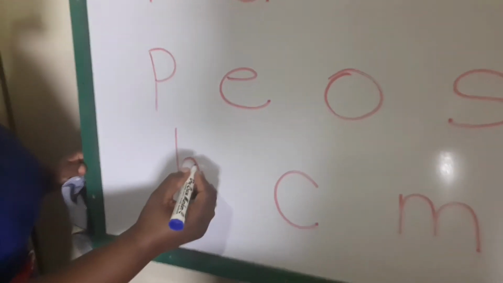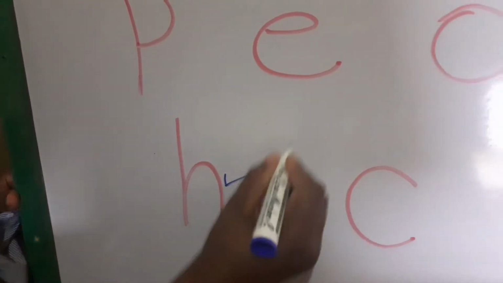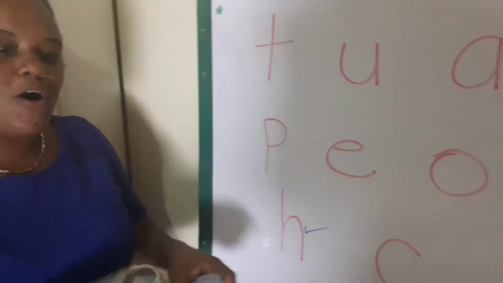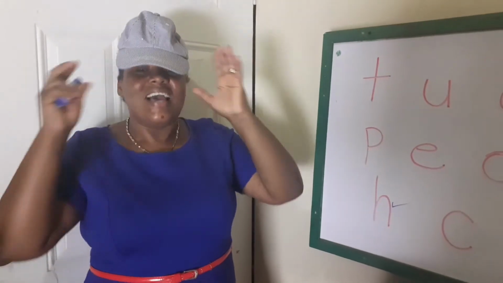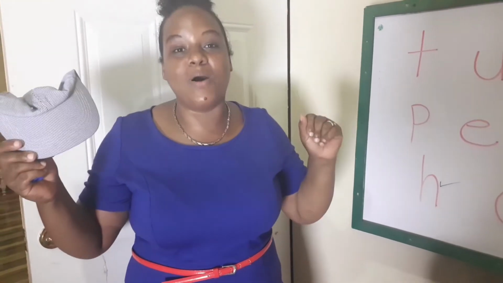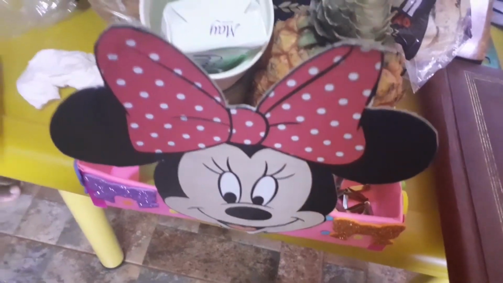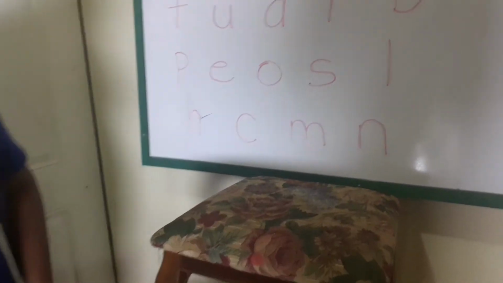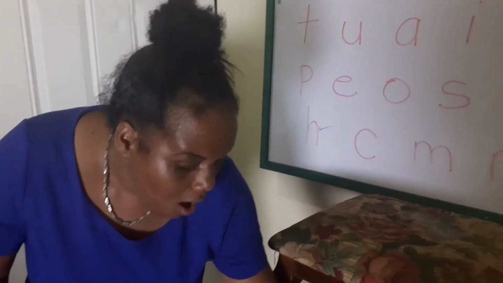I think it's letter H. So H says h for hat. And we are all going to use the courtesy words today by telling little Minnie Mouse thank you for each item that she brought here today. All right, so let's see which other item she's going to give us.